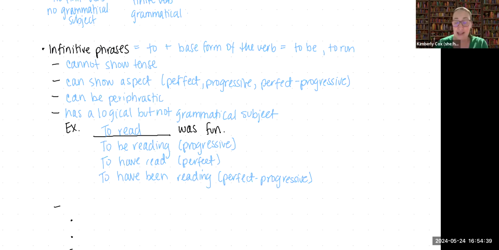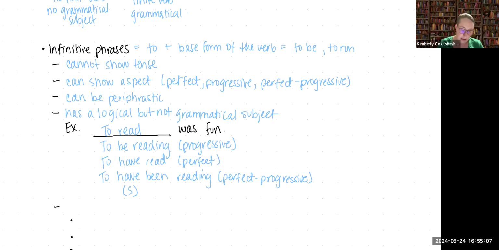In all of these cases, they function like the subject of the sentence, because our main verb is was and fun is an adjective, right? So a subject complement. So in this case, we have infinitive phrases that are functioning like nouns because they are functioning like the subject of the sentence that I've constructed.